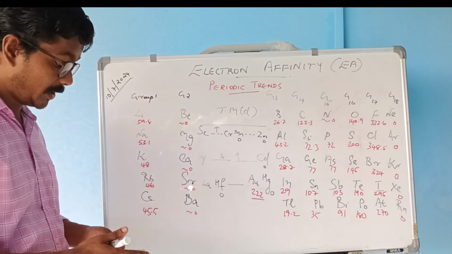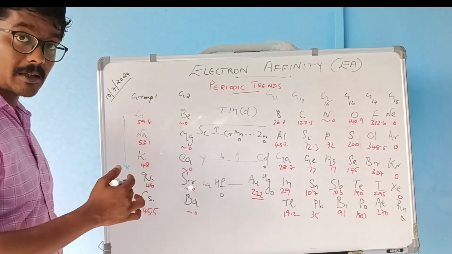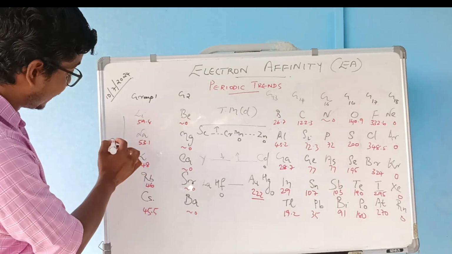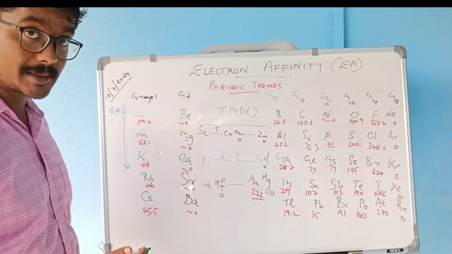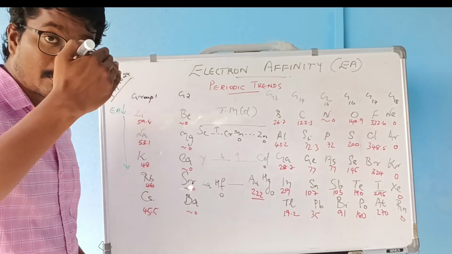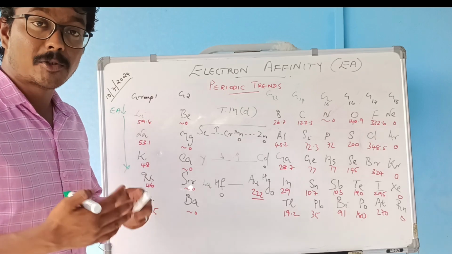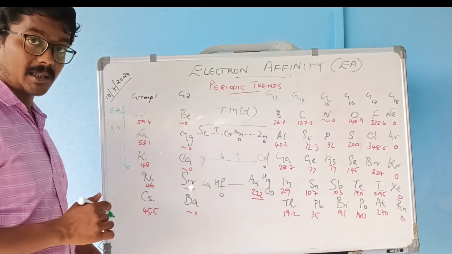Down a group, we all know that the electron affinity value decreases. Do you know the reason? The reason is that moving down a group, the atomic size increases, the atomic radii get increased.